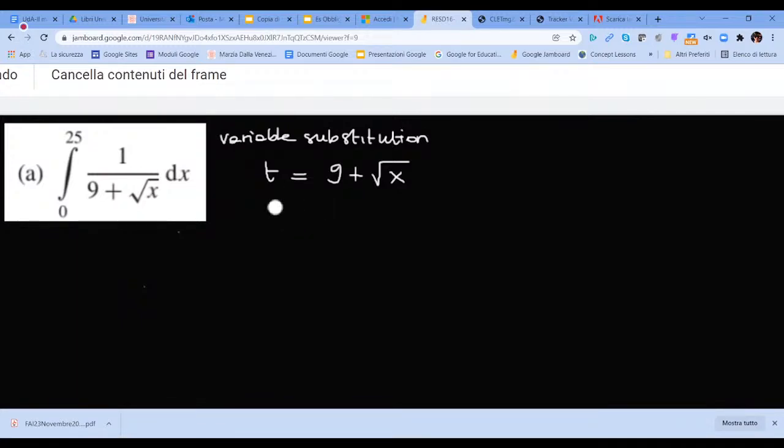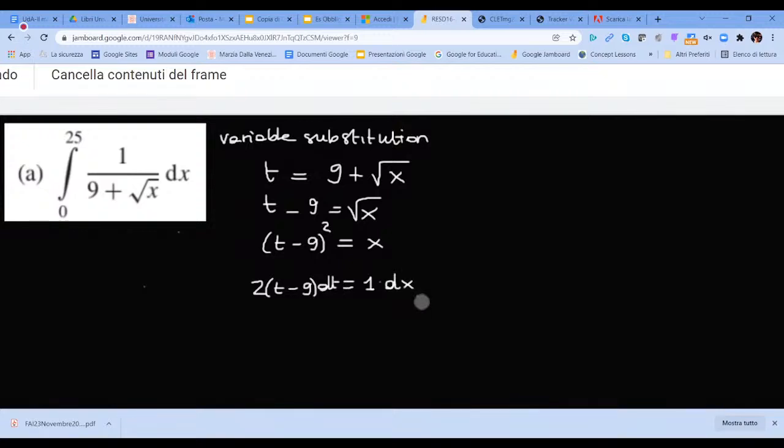So then t minus 9 equals square root of x, and if we perform the square of the left hand side, we have the square of the right hand side, that is x. Why is it useful? Because if we differentiate the right hand side, we obtain 1 times dx, and if we differentiate the left hand side, we obtain 2 times t minus 9 raised to the power of 1 dt.